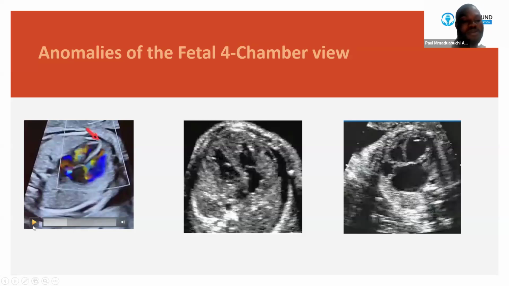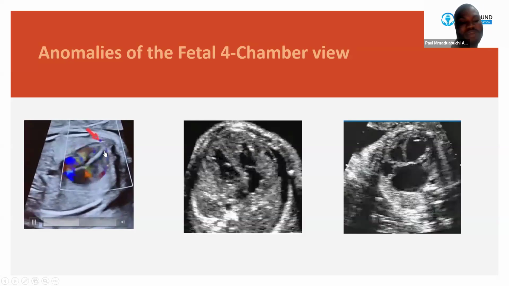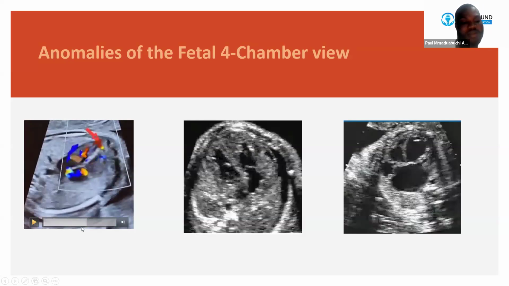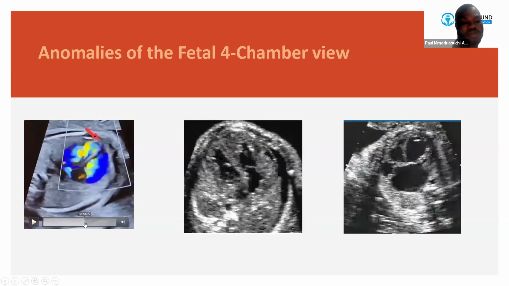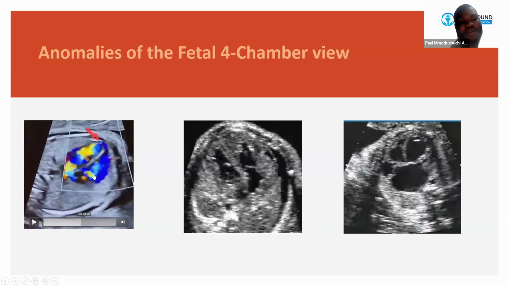However, when you apply color, you will see here a color is applied, and you can see, let me go back a bit, at this apex, flow coming from the right atrium, the right ventricle to the left ventricle.